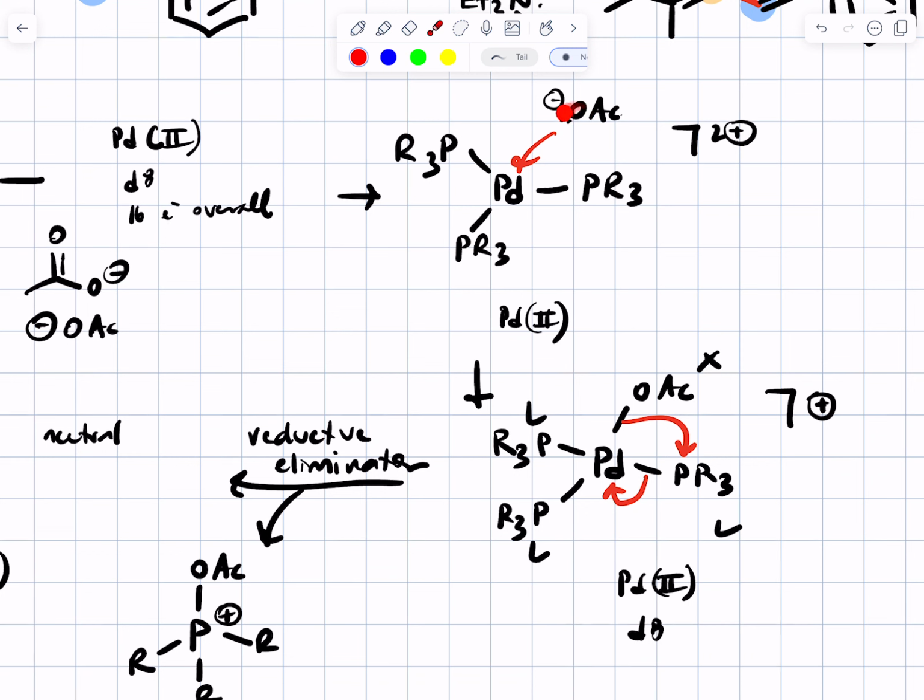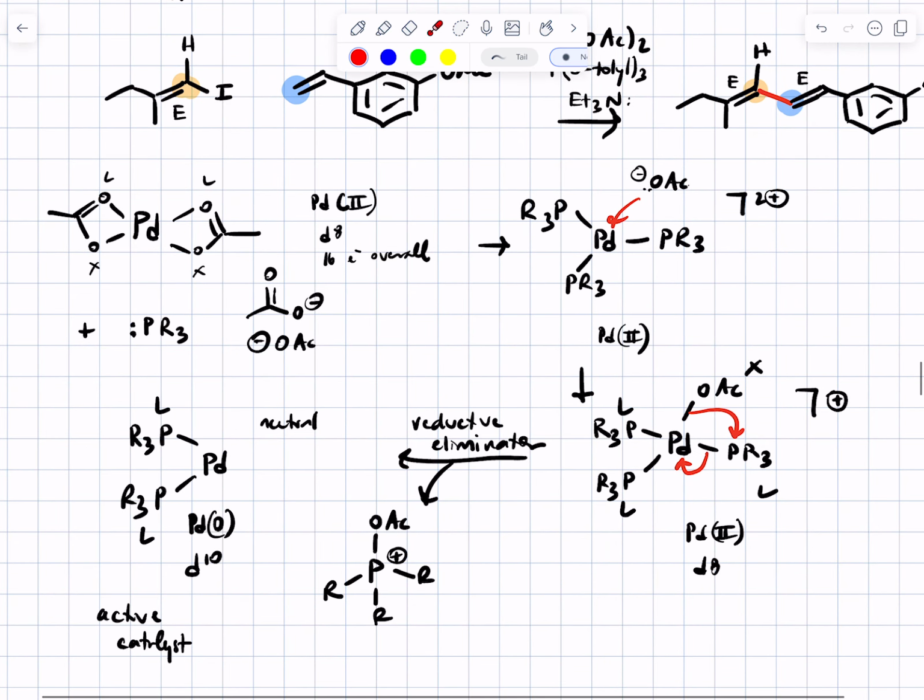Once the oxygen binds the palladium, if you do a reductive elimination step where you make a new sigma bond between oxygen and phosphorus, that reduces you to palladium 0. And oxygen-phosphorus bonds are actually pretty strong.